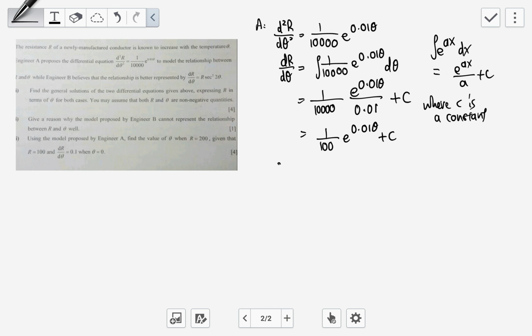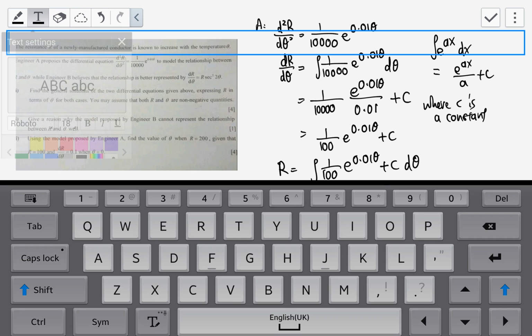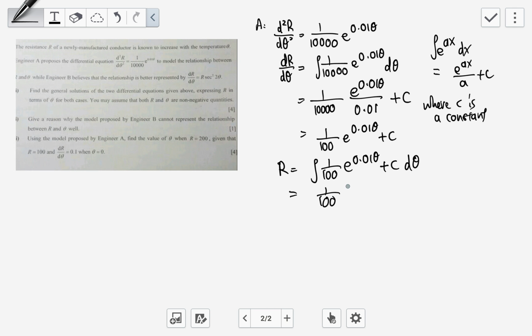Now to integrate once more, I will have R equals to this one. Integrating this again on the whole thing, I will have 1 over 100 e^(0.01 theta) over 0.01, plus c theta plus d, where d is a constant too.